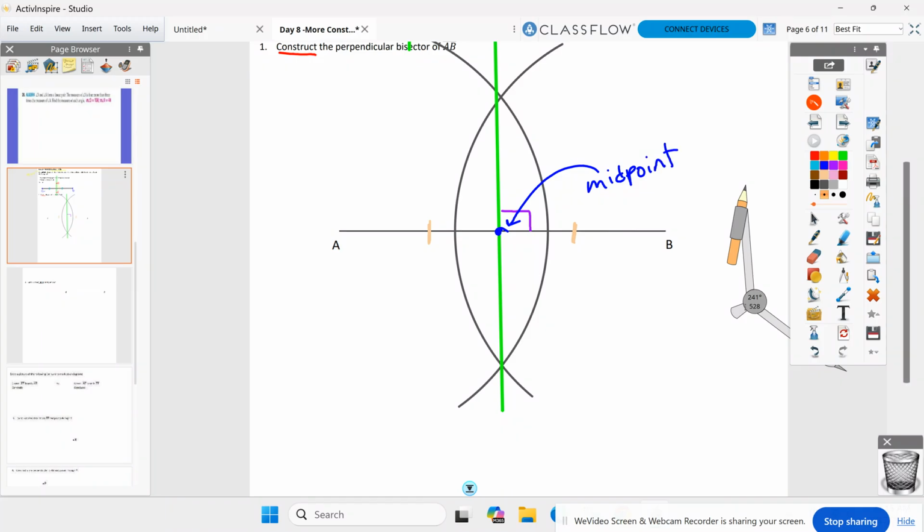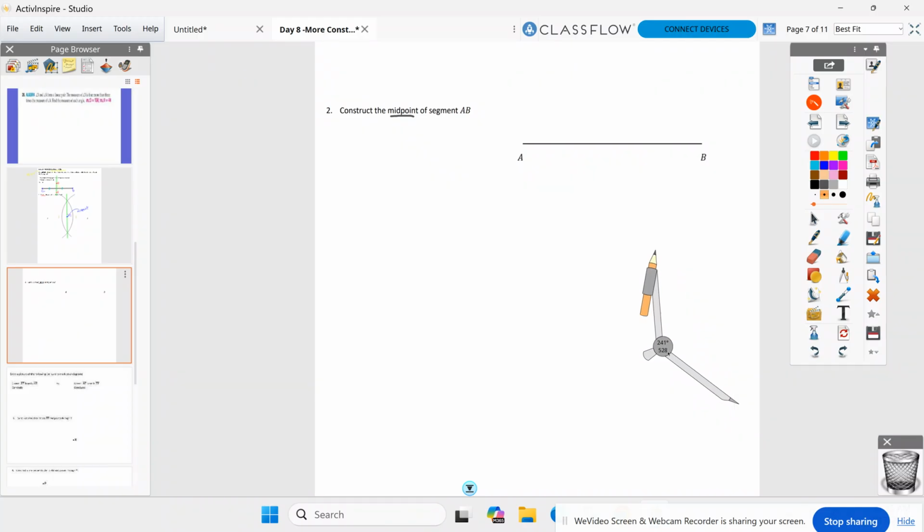So we're not going to show you a new construction. We're going to do the exact same thing to find the midpoint. Open up your compass more than half the length of AB and let's roll. Yeah, this construction can be done for more than just finding a midpoint.